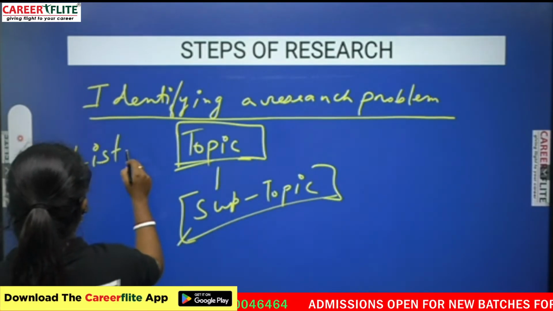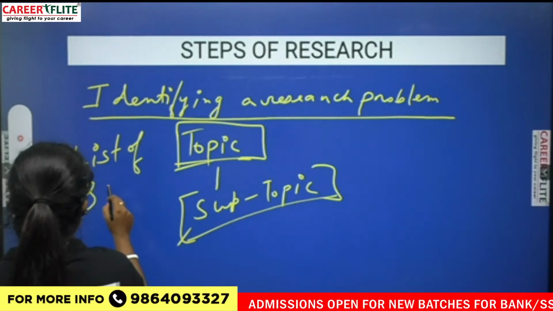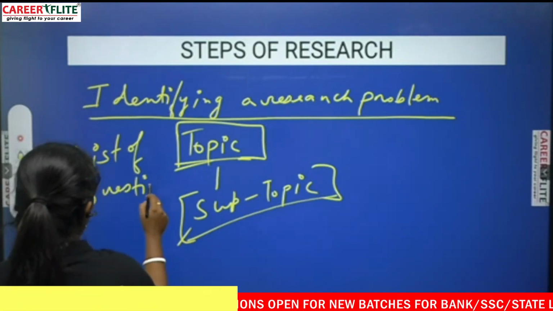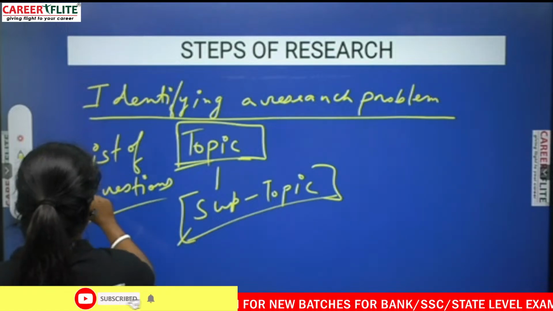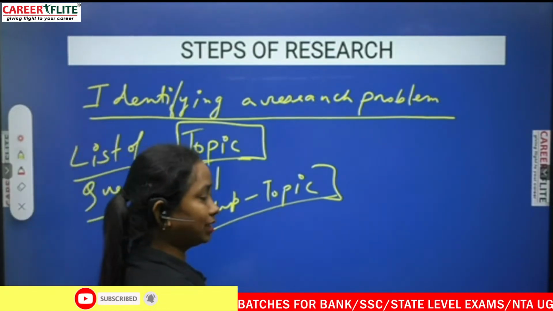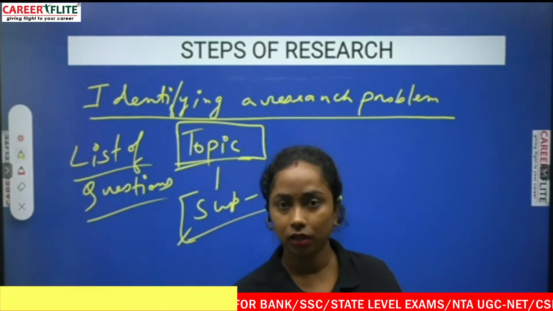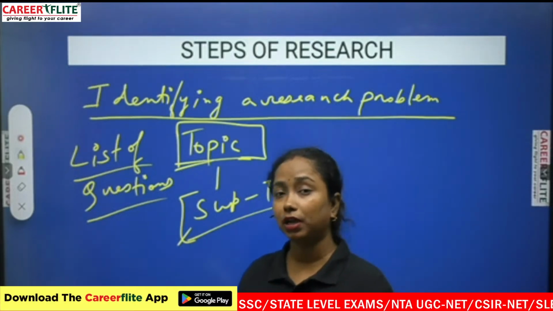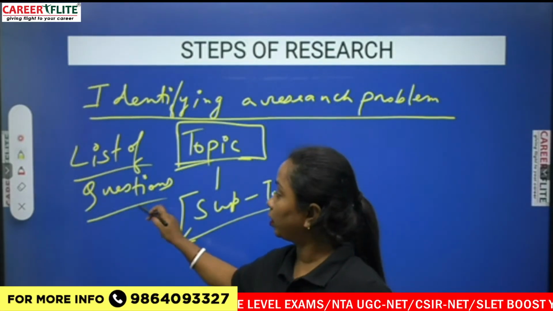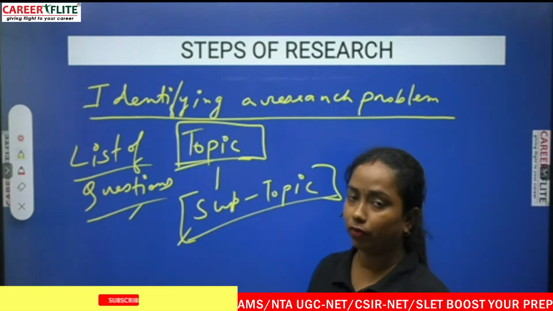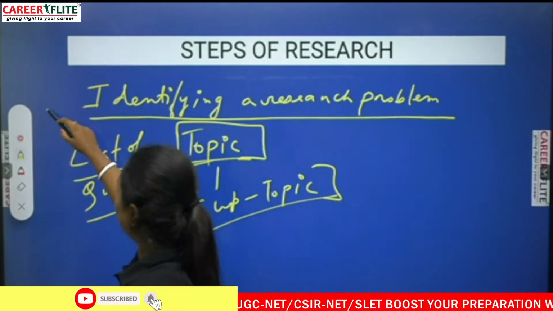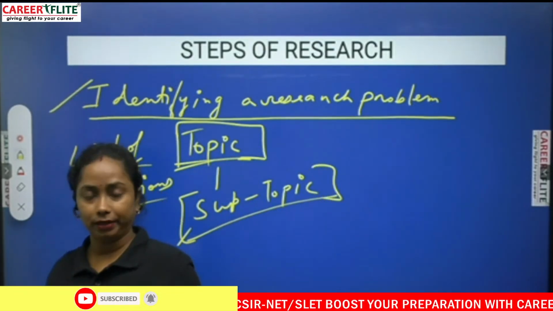After that, you will see whether some of the questions have been answered earlier or not. Those questions which have not been answered earlier can be one of your problems, one of your issues. In that manner this step will be completed.